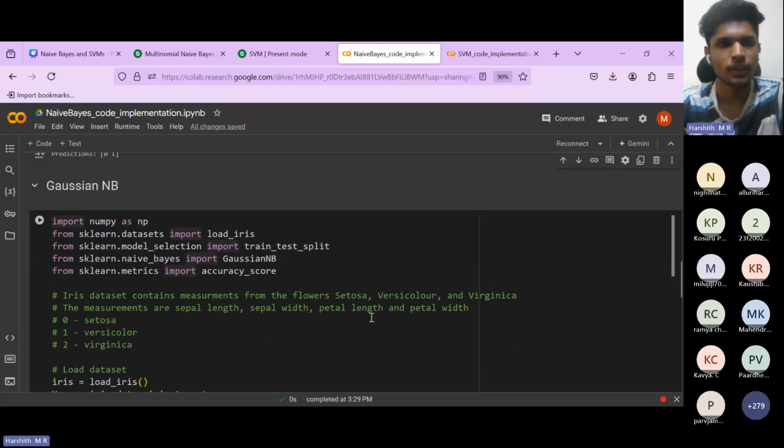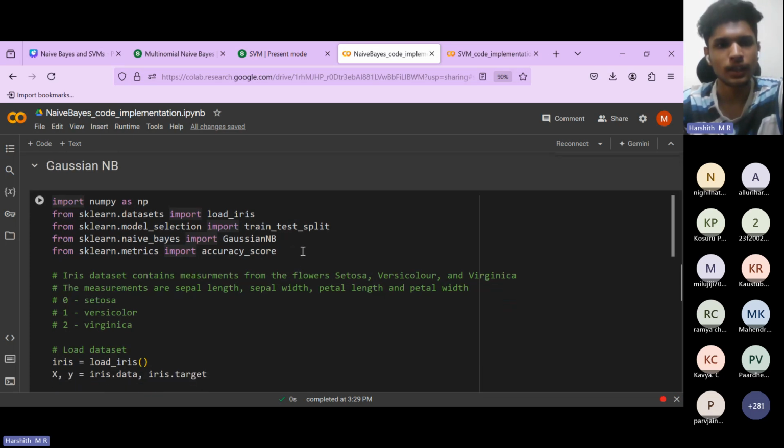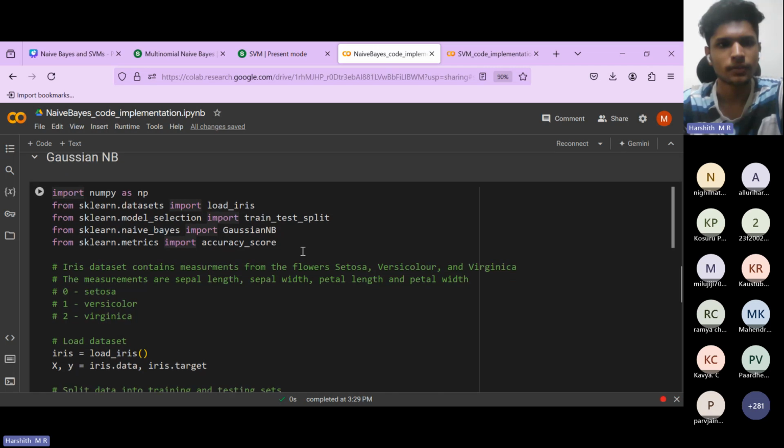We'll see how to implement Gaussian naive Bayes. It's also similar, but since Gaussian naive Bayes is for continuous data, we'll import a data set which has continuous data in it. So we'll use the iris data set, which contains measurements from flowers: Setosa, versicolor, and virginica.